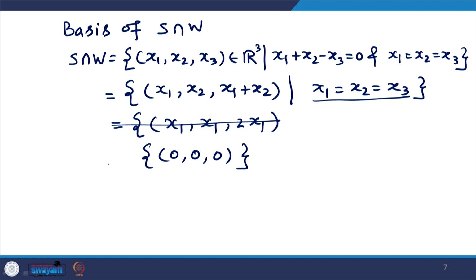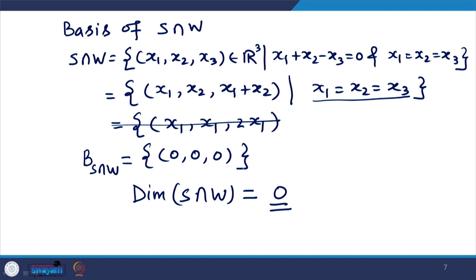So, this is the basis of S intersection W, hence dimension of S intersection W is 0. Why 0? Because I told you earlier that the vector space containing only the 0 vector can be spanned by the empty set, the empty basis phi.